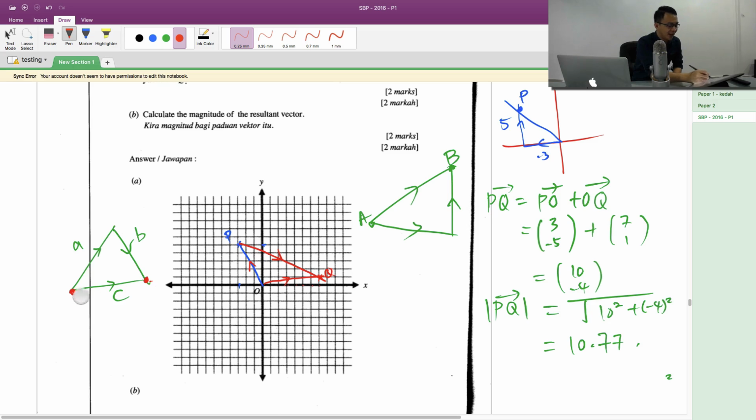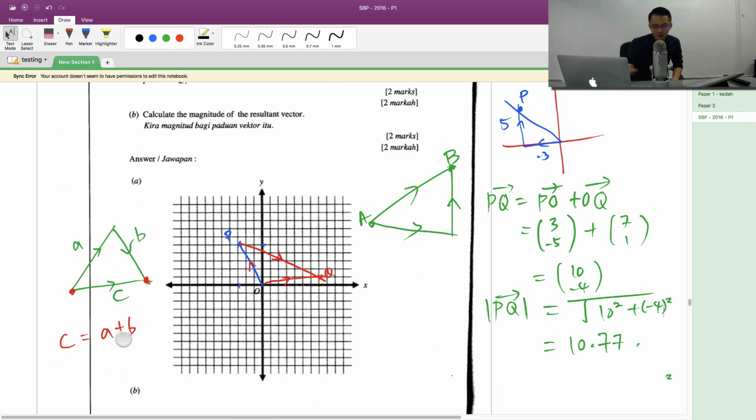Just imagine A to C is a faster journey, a shortcut, and you can still reach the same location using the longer journey. You go to A first, then you go to B. So C in this case is the resultant vector. So C equals A plus B, because C is the resultant vector.